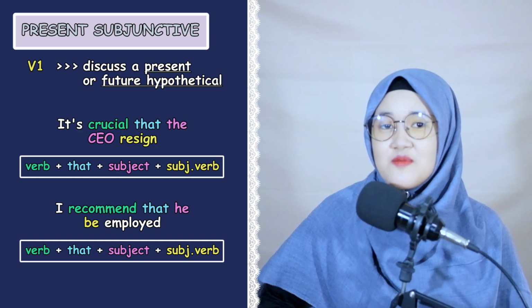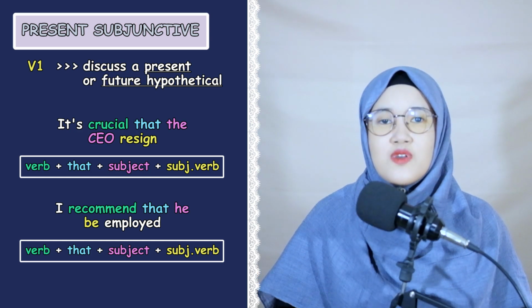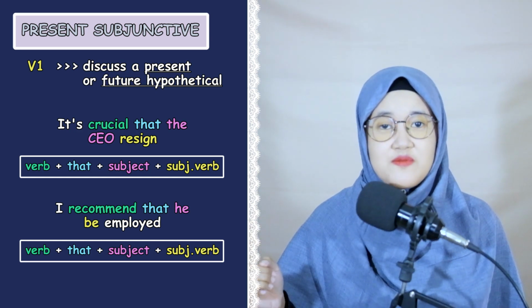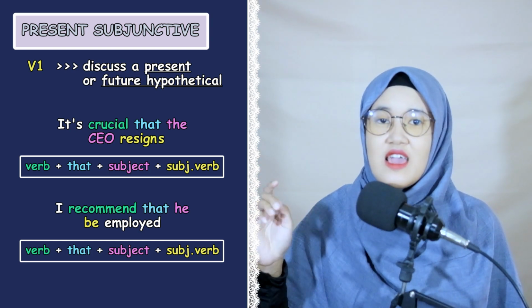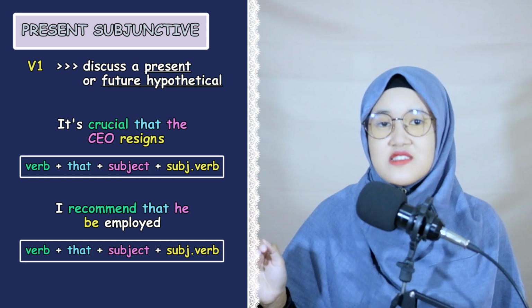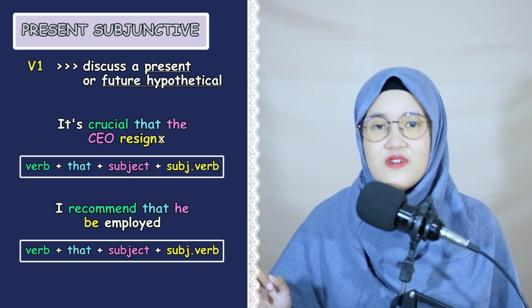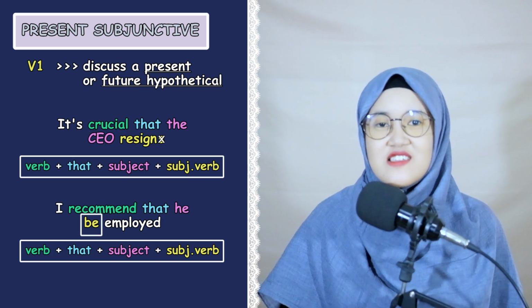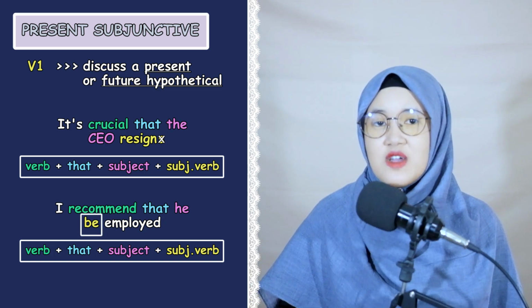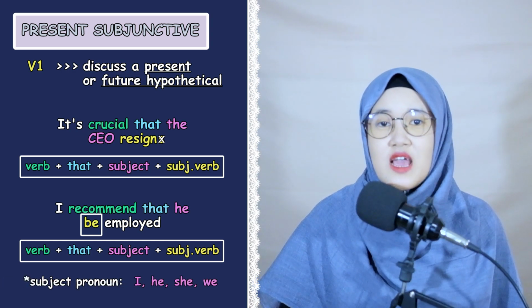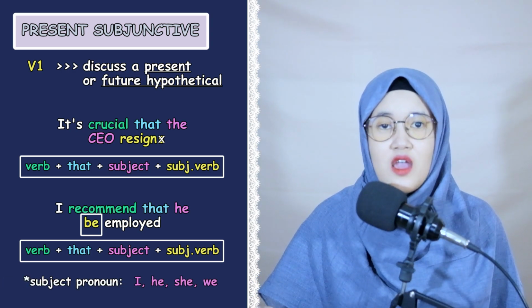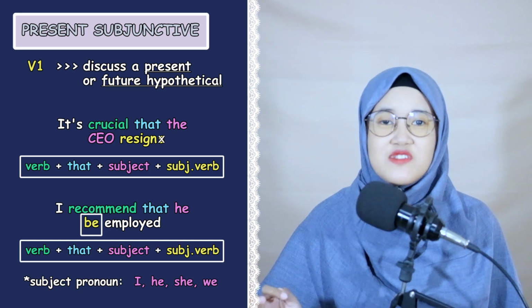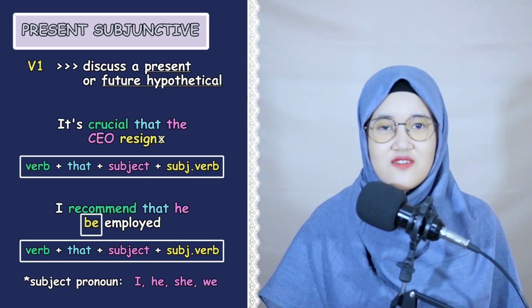When we use the subjunctive in English, we use the base form of the verb. It means that no s is added in the third person singular, and the verb be is not changed. Subjunctive verbs also use subject pronouns like I, he, she, we when the subject is a personal pronoun.